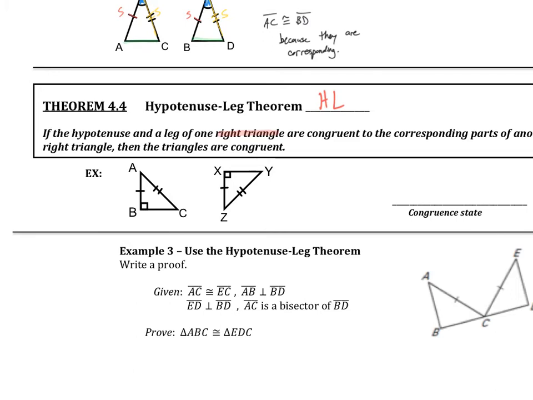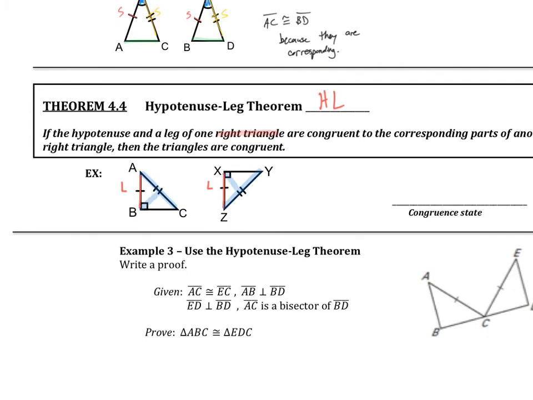So if you look in the example, those are both right triangles. These red sides are legs, so I'm going to put an L for leg. The blue sides, do you see how those blue sides are across from the right angle?